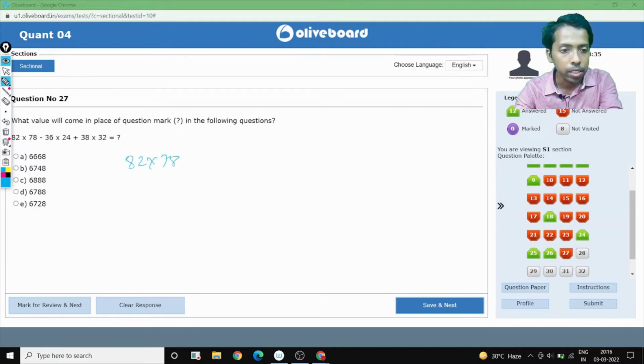82, 78 minus 36, 24 plus 38, 32. All are having unit place same, so we have to use the digit sum here. 1, this is 6 minus 0 plus 2, 5, 1, so 6 plus 1, that is 7.